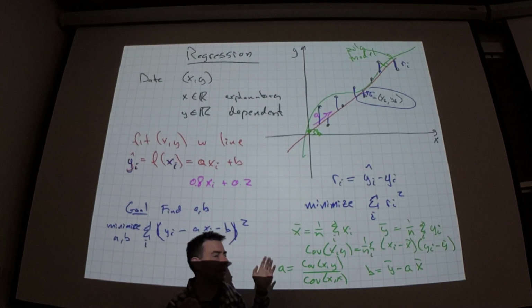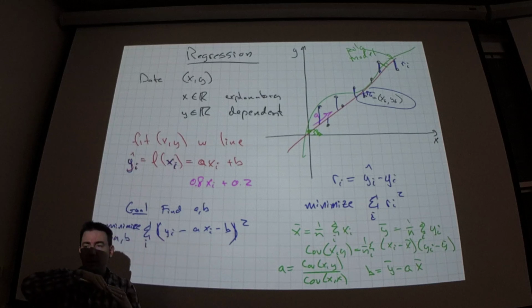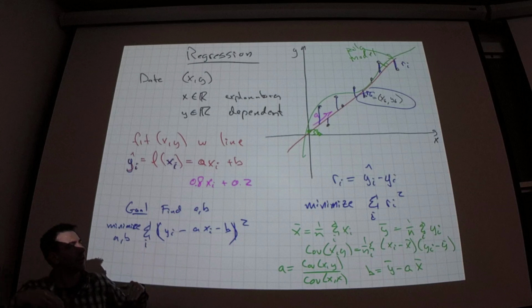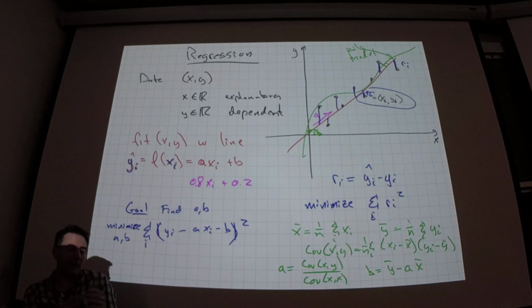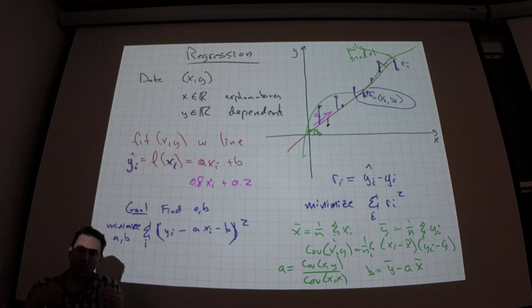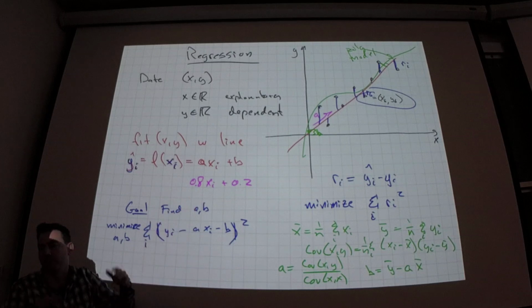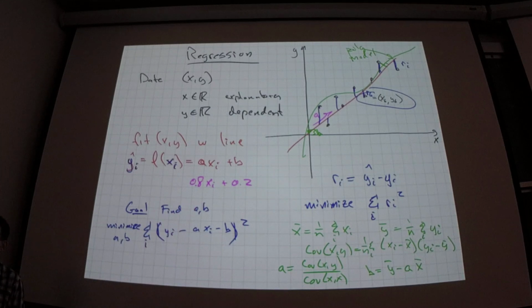If I'm doing something like weight versus age, when you're born, I think your weight is not 0, so I don't want to start this at 0, right?